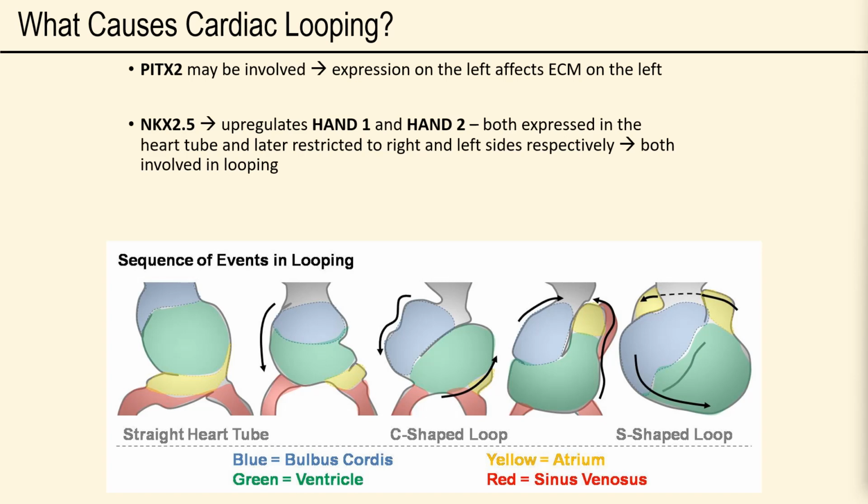This upregulates other factors known as HAND1 and HAND2, which are restricted to the left and right sides respectively, and these are expressed at different times, which allows for different formations of the left and right sides of the heart. In embryology, timing and concentration and the location of signalling factors is very important, and this is what helps us particularly with establishing laterality.